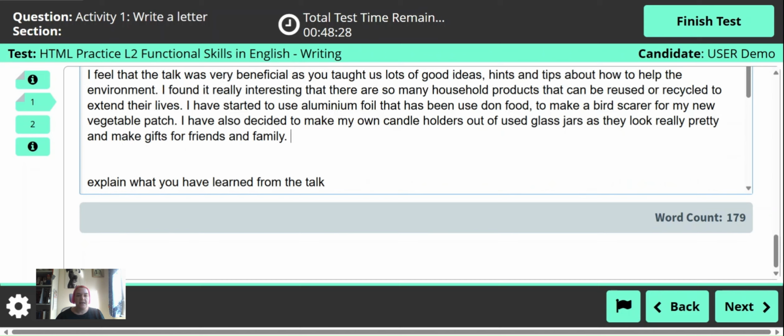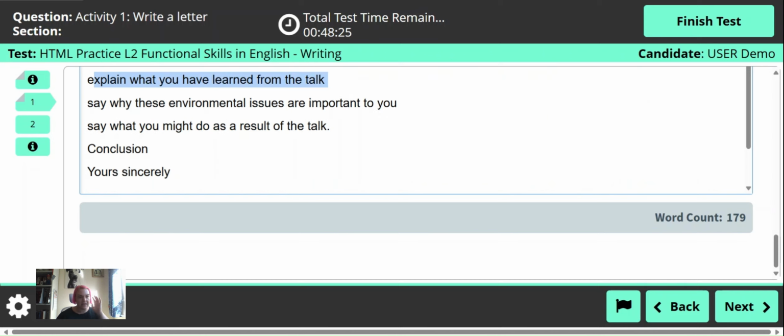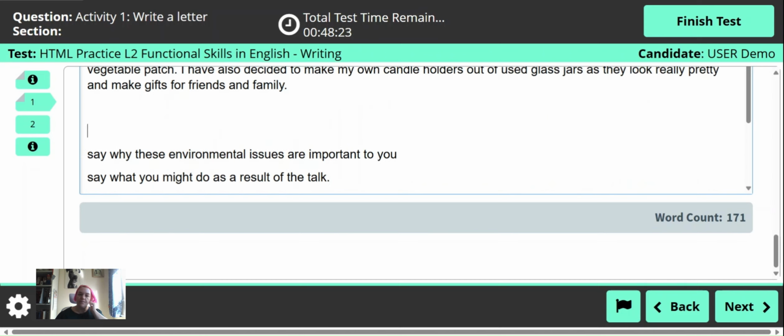So the second point they want us to talk about, as I said, we're just getting our first ideas out, then we move on to the next one. So why are these environmental issues important to me?